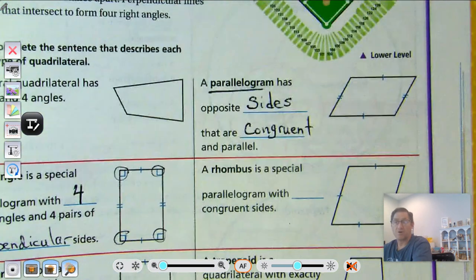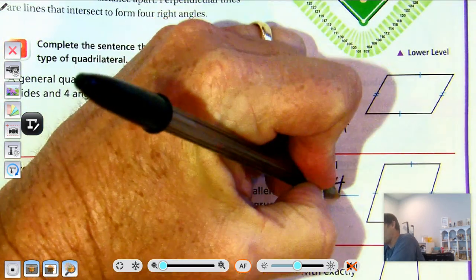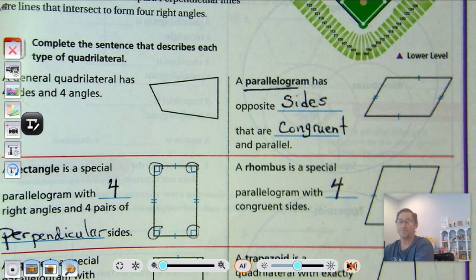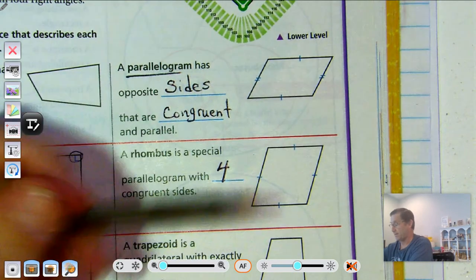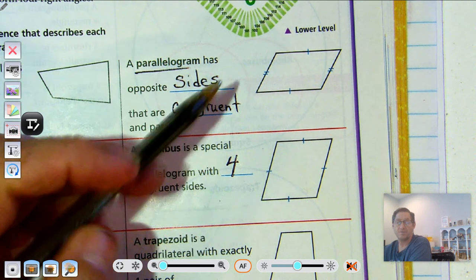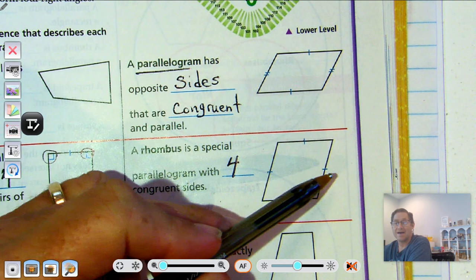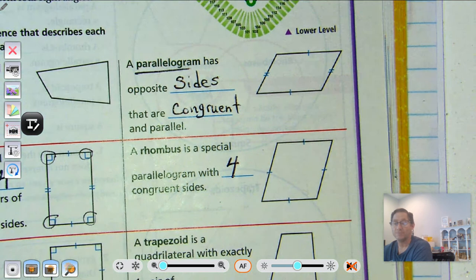A rhombus is also a special parallelogram, and it has 4 congruent sides. When we look at a rhombus, we see 1, 2, 3, 4. All 4 of those sides are equal. This particular rhombus does not have 4 right angles.